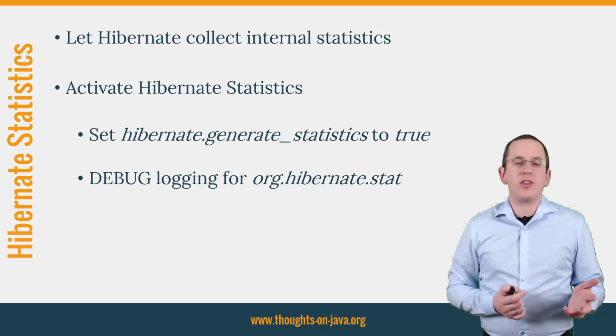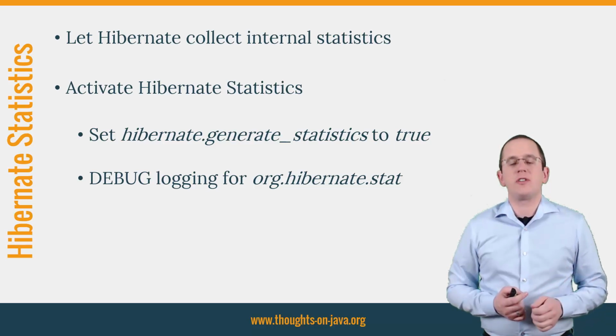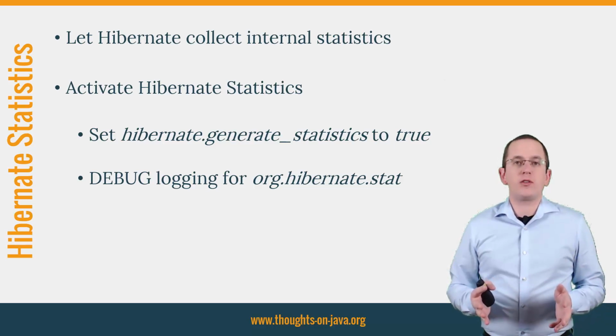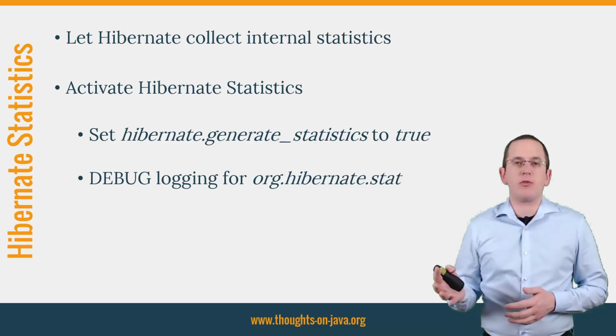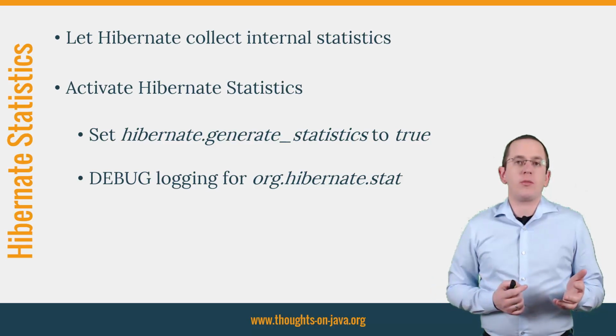You should also set the log level for org.hibernate.stat to debug to get a few additional information. Hibernate will then collect internal statistics about each session, like the number of performed queries and the time spent for them, or the number of cache hits and misses.